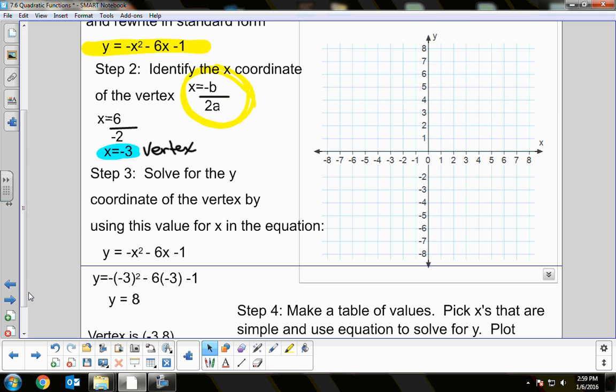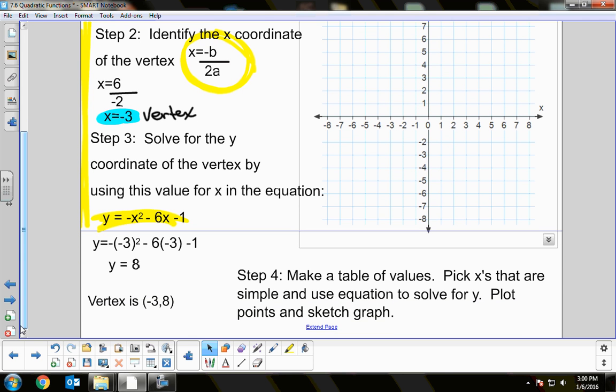This is the same equation, that's this equation right here. Same equation. And when I plug in x equals negative 3, I come out with y equals negative 8.